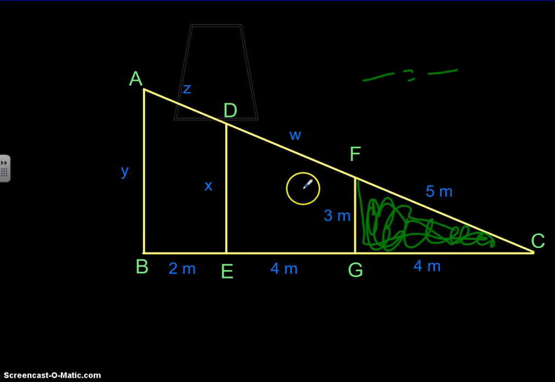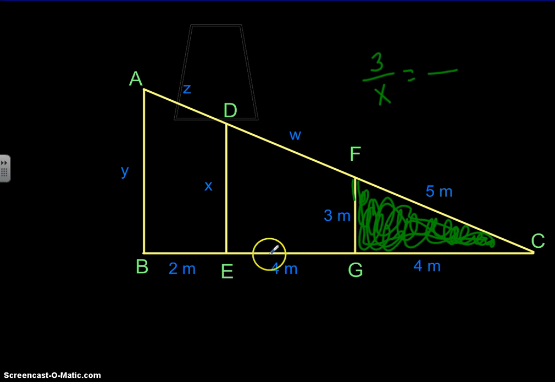Now, let's just say we want to find x. Well, let's go with the small triangle because that has all the information we need. What part on the small triangle corresponds to this? Well, this part right here. It's obvious. Okay, this corresponds to this. So I've got 3 corresponding to x. Now, let's go back to the small triangle.